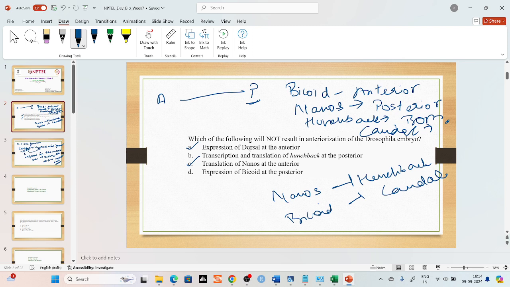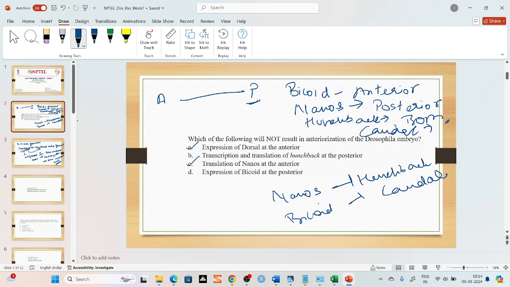This is a very important thing that you should understand whenever you're trying to solve questions of developmental biology: any protein, irrespective of the place where it is present, whether in the anterior side, posterior side, dorsal side or ventral side, will show its property irrespective of the place. Okay. So dorsal protein is responsible for ventralization. It will ventralize even if it is present at the anterior end. So A is the correct option.